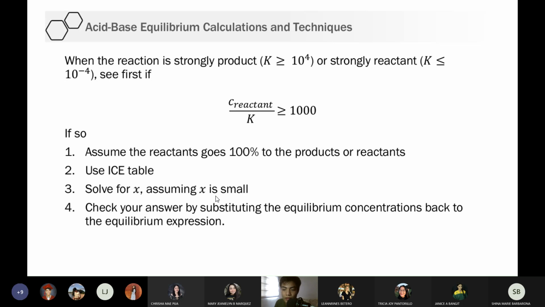When we assume that x is small, we don't need to use the quadratic equation anymore. You can remove the x so you no longer need the quadratic equation. The calculation will be very much simplified.